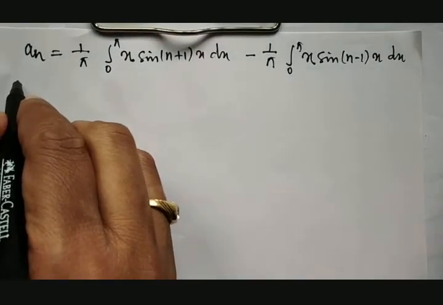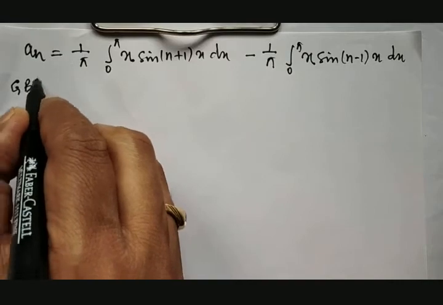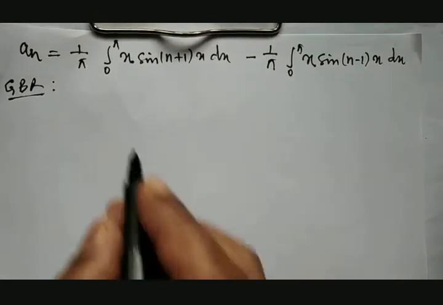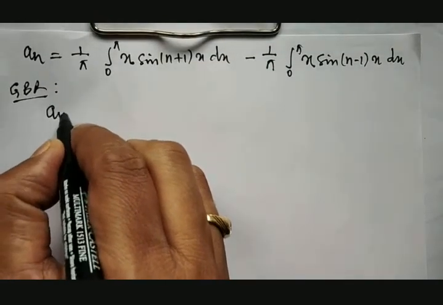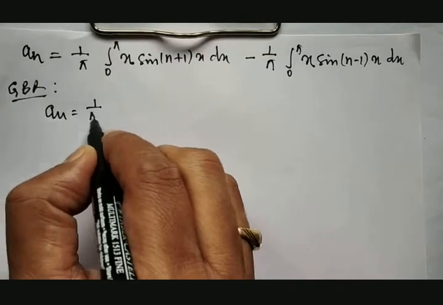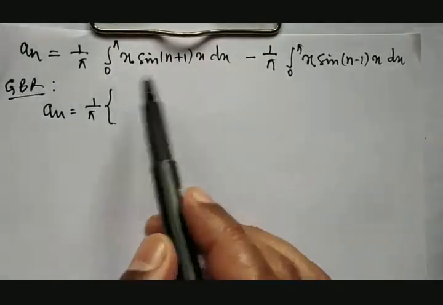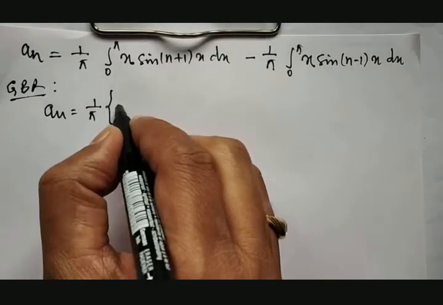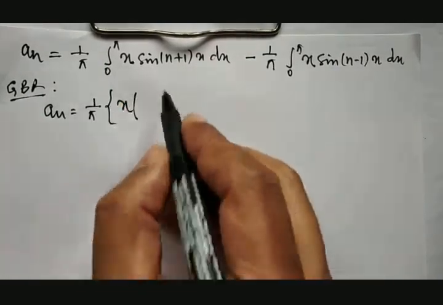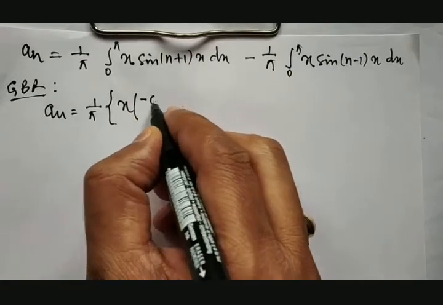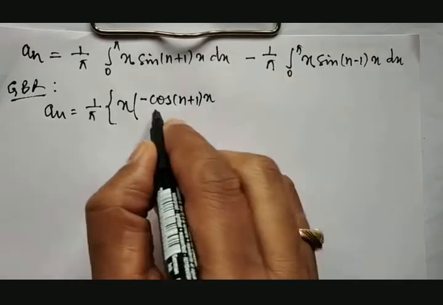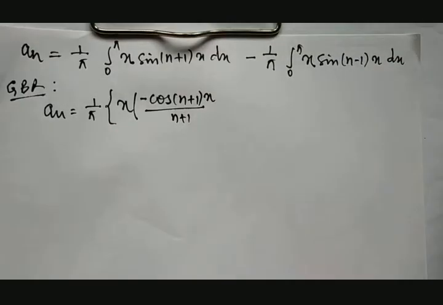Okay, then let us again take generalized Bernoulli rule, because these are two independent functions now and both are the product of two functions. Therefore, an is equal to 1 divided by pi into generalized Bernoulli rule for first function. Here again x will be the first function into integration of second function, integration of sine, that is minus cos of n plus 1 x divided by n plus 1.